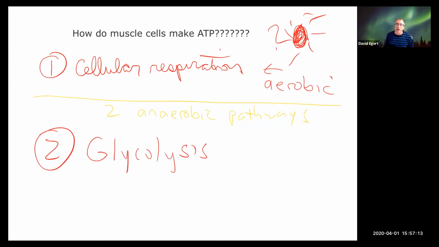So even though you are only getting 1/16 as much ATP given the amount of glucose you're starting with, if you look at how much ATP is showing up per second, it's actually way faster than cellular respiration. So if you are looking at ATP per second, this is actually two and a half times faster than cellular respiration.